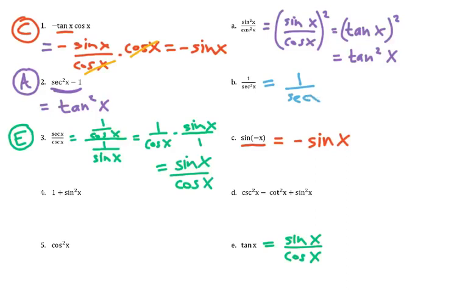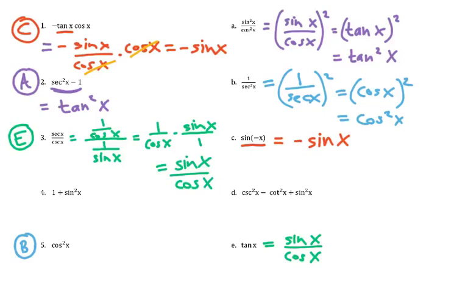So we know that 1 over secant is actually the same as cosine via a reciprocal identity, and it's just being squared. So it turns out that cosine squared of x is just the same as 1 over secant squared of x. So 5 and b must match.